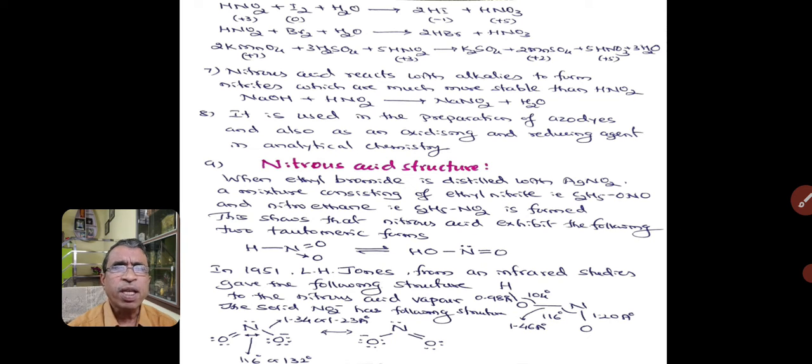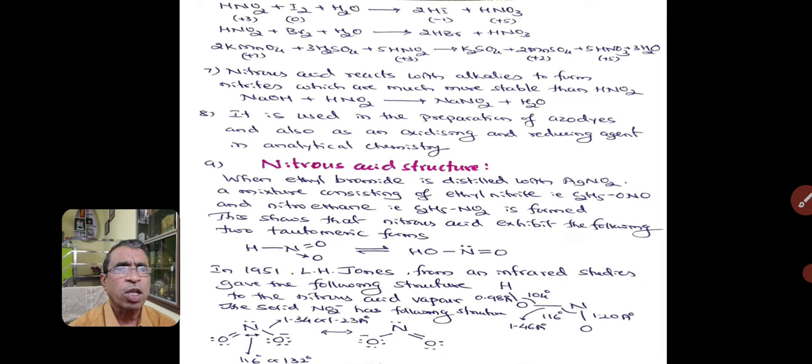In 1951, L.H. Jones, from infrared studies, gave the following structure to the nitrous acid vapors. The solid NO2- has the following structure.